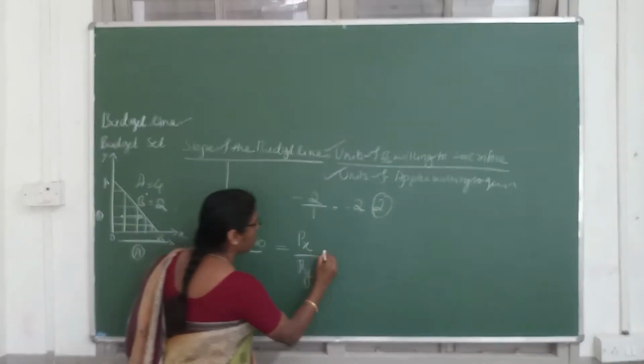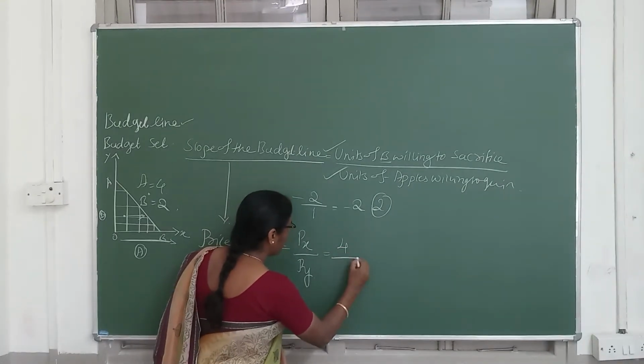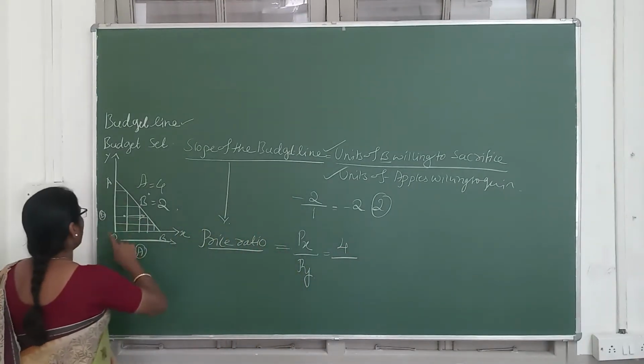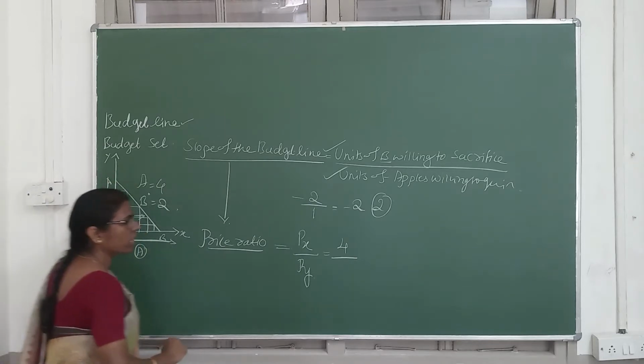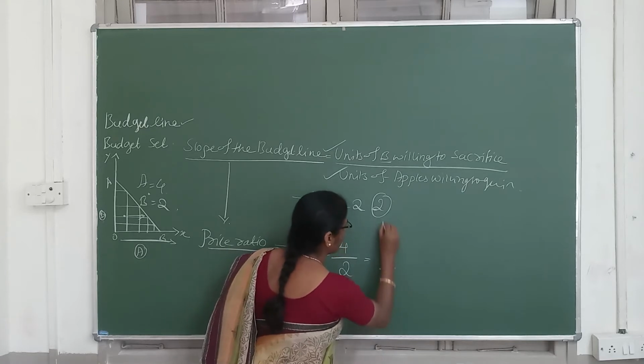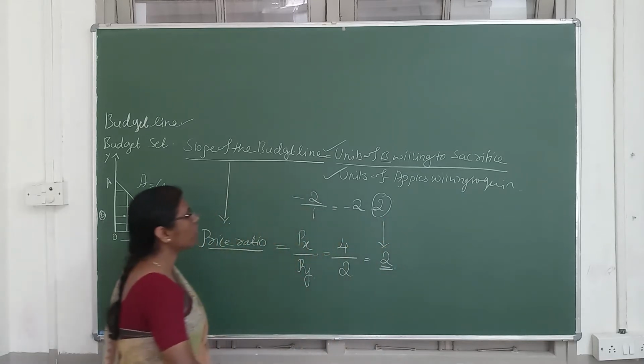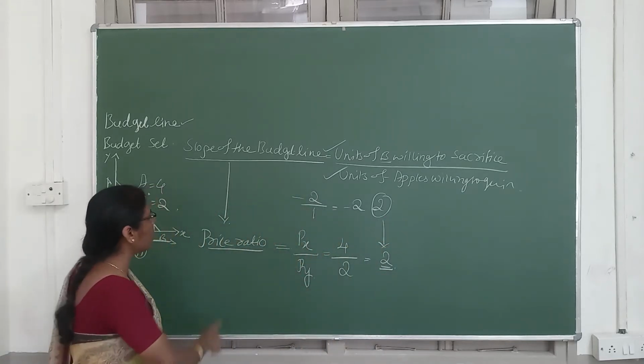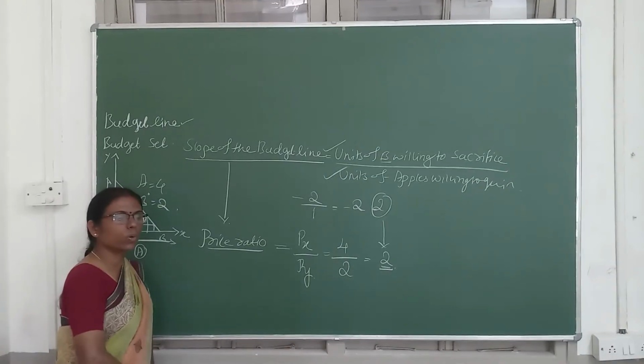On OY banana is taken, so that is equal to 2. See here, the slope of the budget line is always equal to the price ratio.